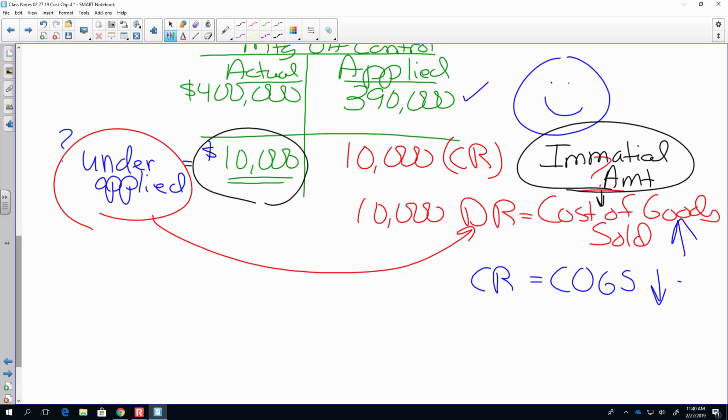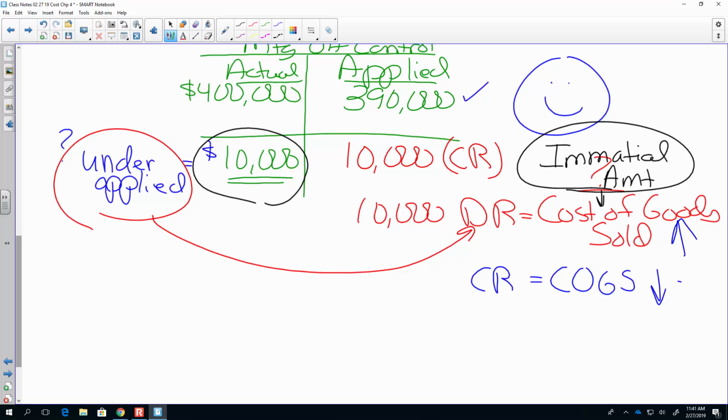Oh, it's 157. 157, 158. Under example 4.2, please read that little paragraph. That little paragraph is on the test.